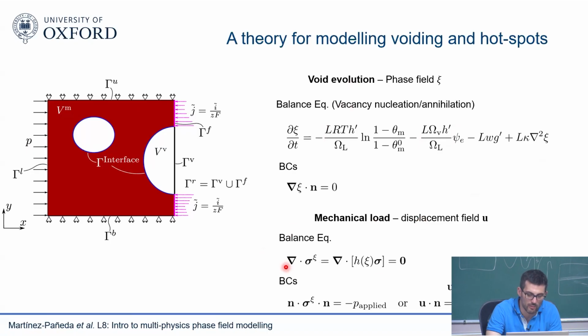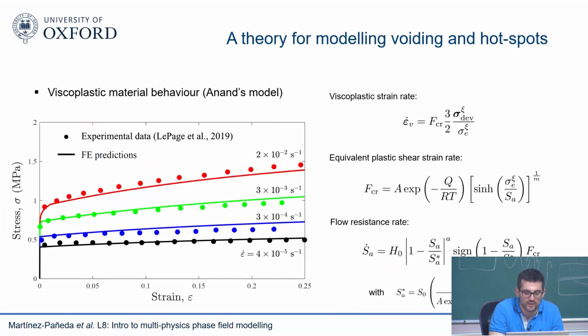And then the mechanical problem, you interpolate again with the phase field, so you degrade. There cannot be any load carrying capacity inside of the void, but otherwise it's very similar to before, and sometimes we apply pressure, sometimes apply displacement, those boundary conditions. In terms of the mechanical behavior, the constitutive behavior is described by Anand's viscoplastic model or creep model.